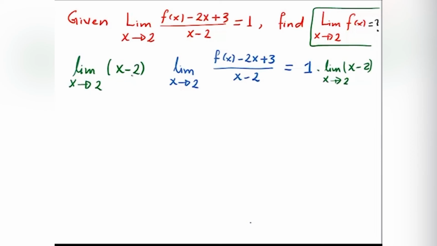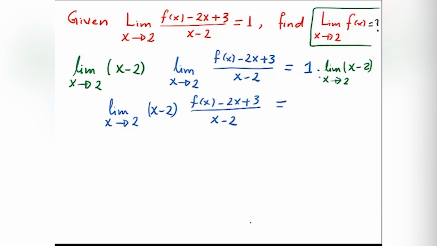Okay, you see, I know the first limit is 0, but I will simplify the second limit because this limit is going to be a single limit. So it will be the limit as x goes to 2 of the product of two limits. So it will be x minus 2 times f of x minus 2x plus 3 divided by x minus 2.